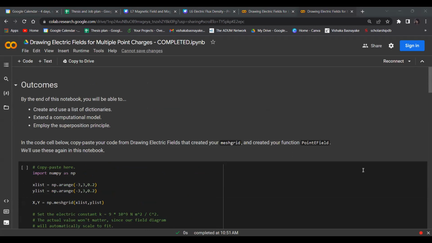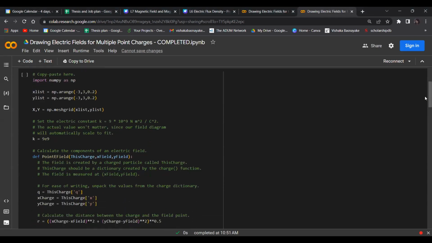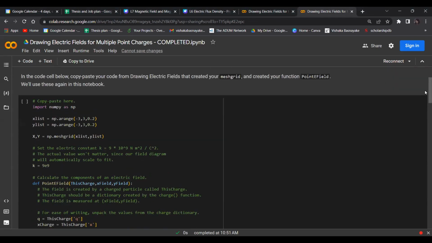Actually, the Python code will not be evaluated in the exam. There is a small assignment that you can do using this simulation platform.